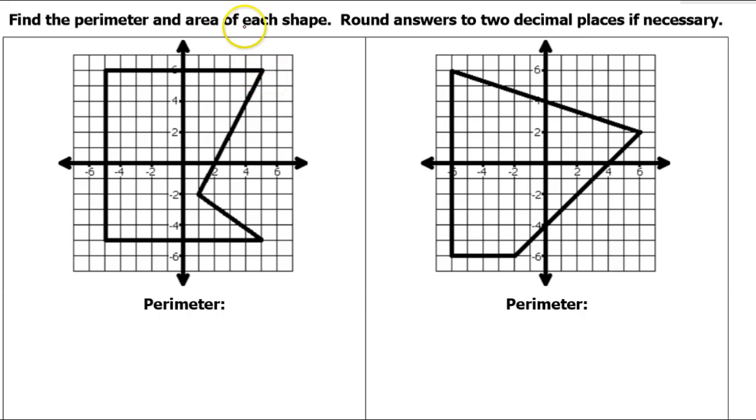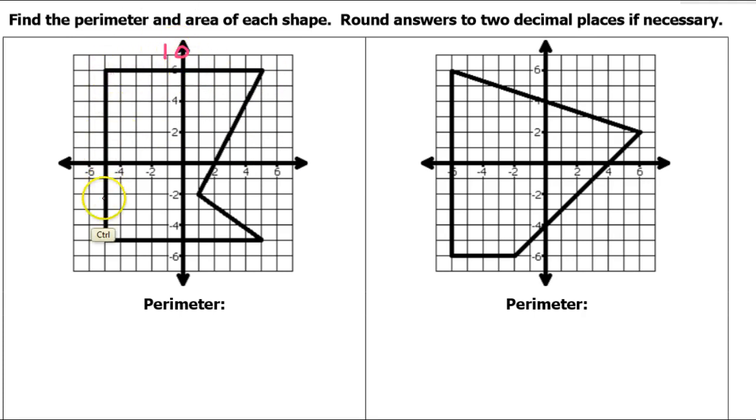Now, if those segments happen to be horizontal or vertical, you don't have to do any special calculations. You can just count up the squares. So in this case, this is a 7 by 7 grid. I've got 5 to the right, 5 to the left, so this length is 10.